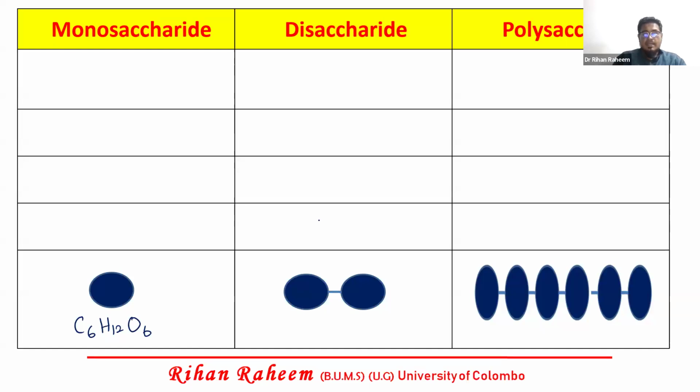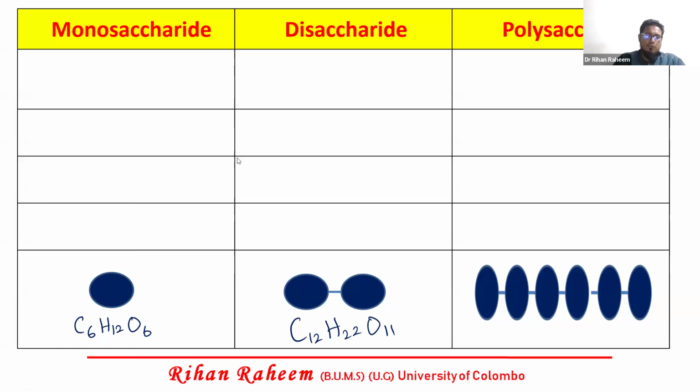Disaccharide is made out of 2 monosaccharides joining together. But in the middle, there will be a bond. There is another subtopic in that I will talk about. Actually, the formula of disaccharide is C12H22O11.